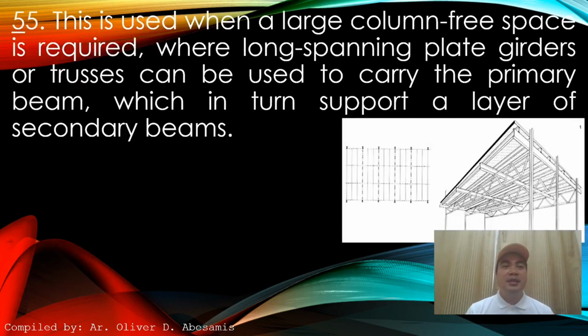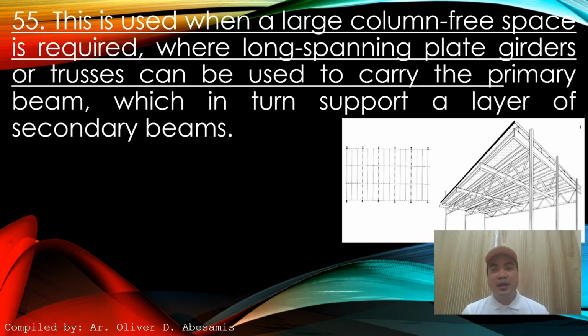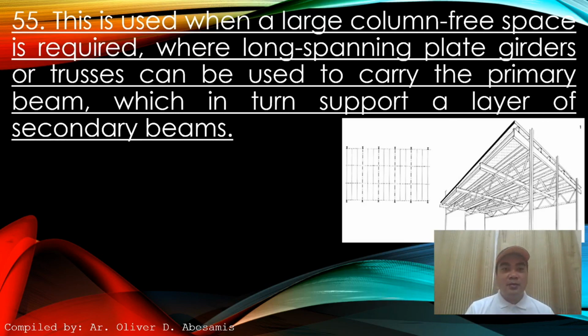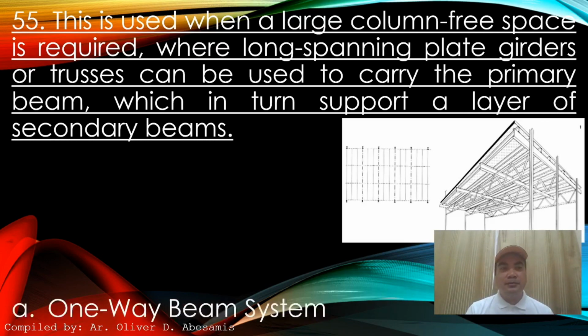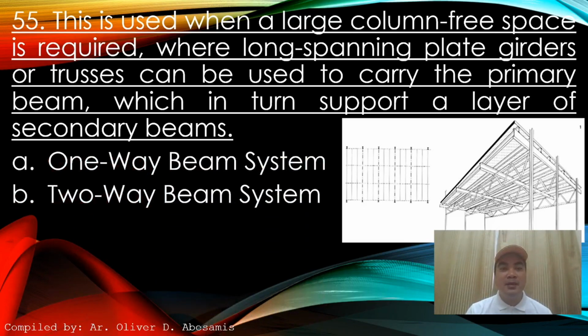Next, this is used when a large column-free space is required, where long spanning plate, girder, or trusses can be used to carry the primary beam, which in turn supports a layer of secondary beam. A. One-way beam system. B. Two-way beam system.